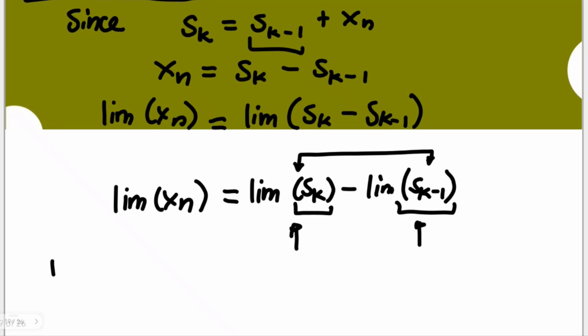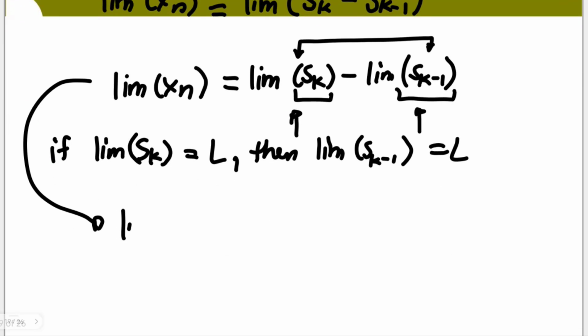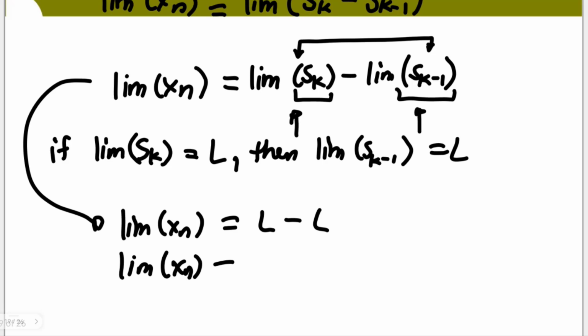So if the limit of s sub k is, for example, L, then the limit of s sub k minus 1 is also equal to L. Then the limit of x sub n would be L minus L, and the limit of x sub n is equal to 0.